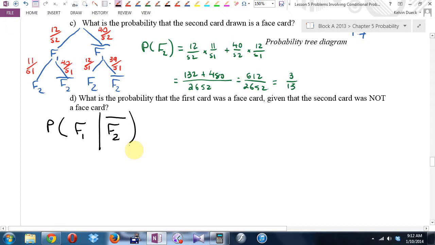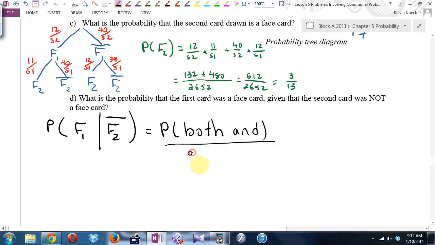Yeah? Good. Try this on your own. I'll do it up here. Look up if you get stuck, but don't just mindlessly copy. It's both and over the given.